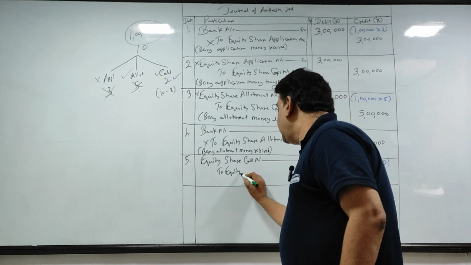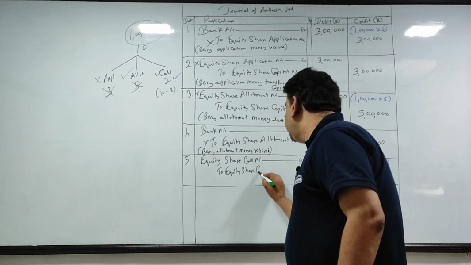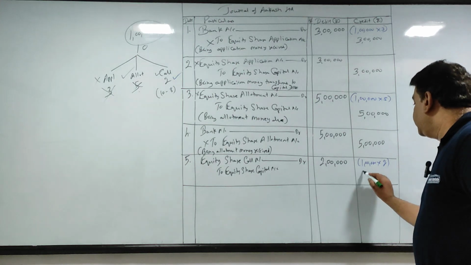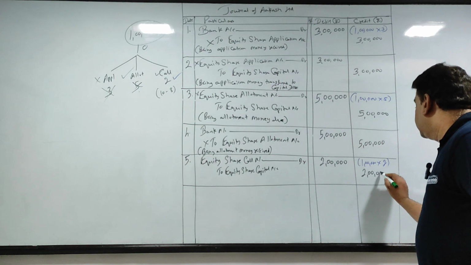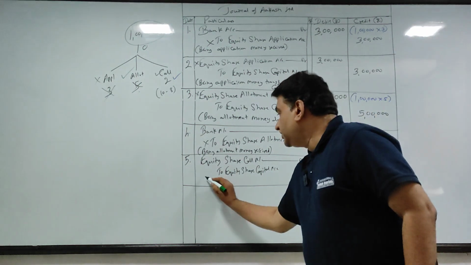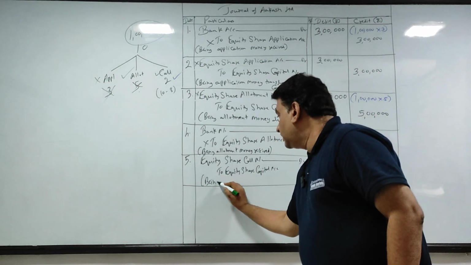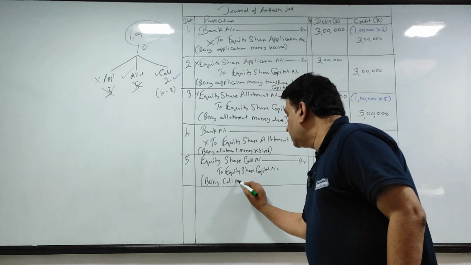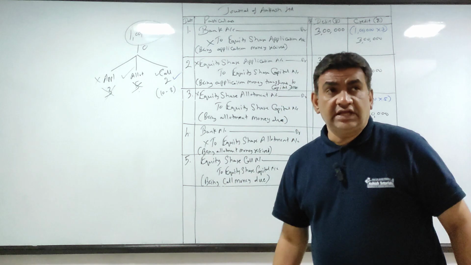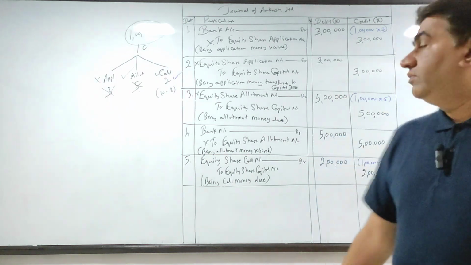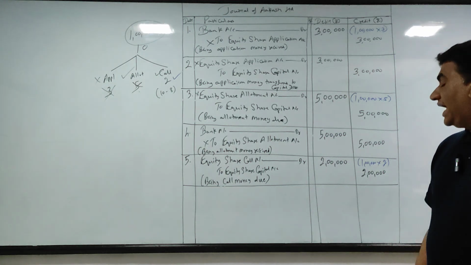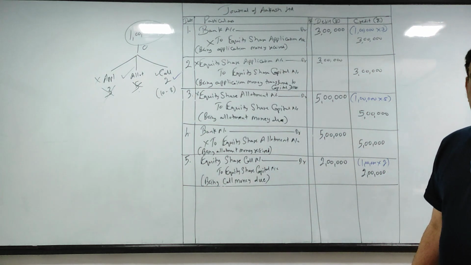So I will credit equity share capital account. So equity share capital 2 lakhs. Got it? Narration: being call money due. Got it? So equity share call account debit 2 lakhs to equity share capital. Getting it guys?